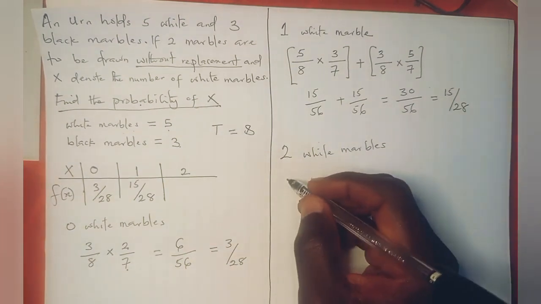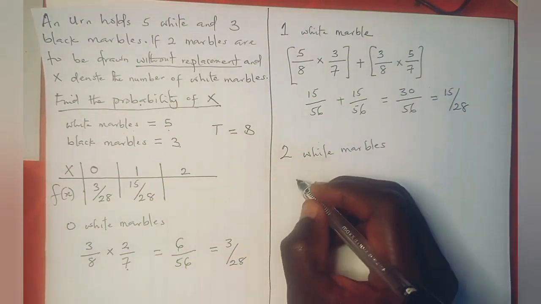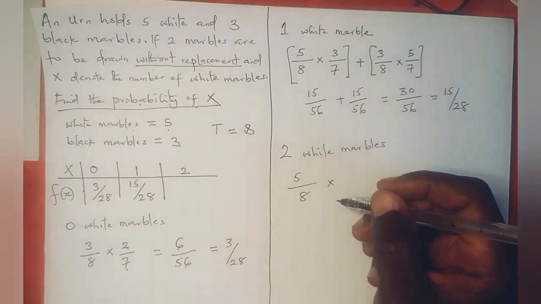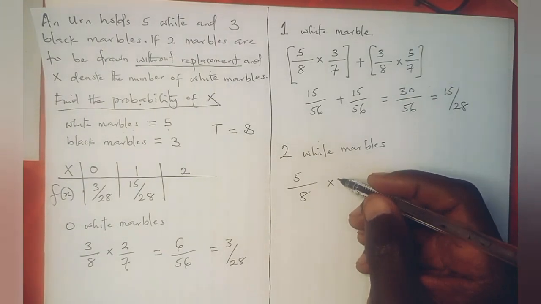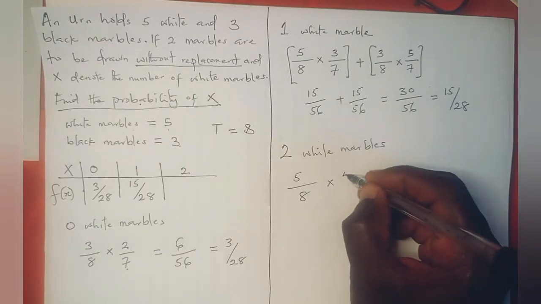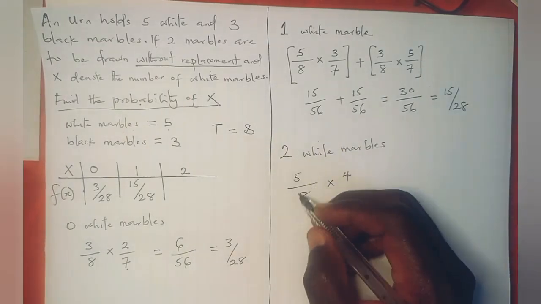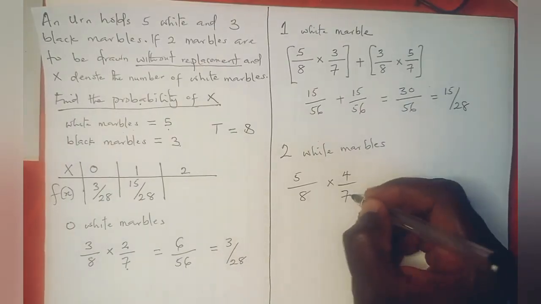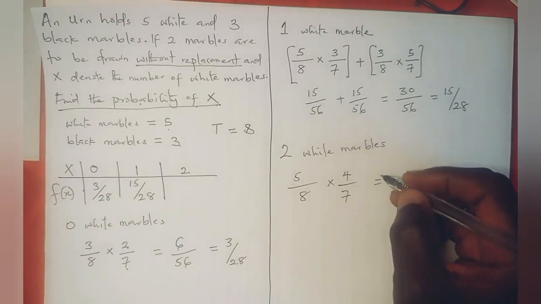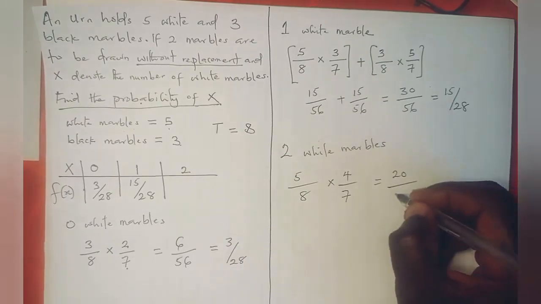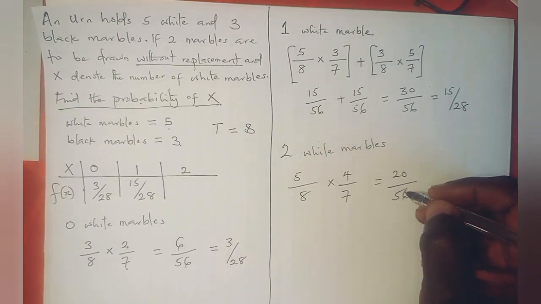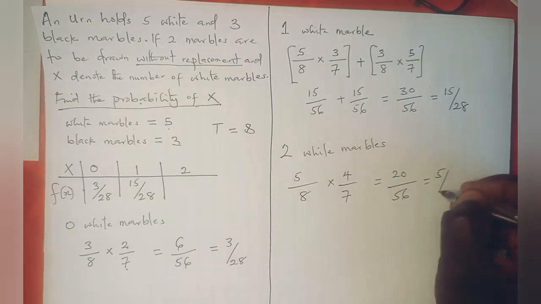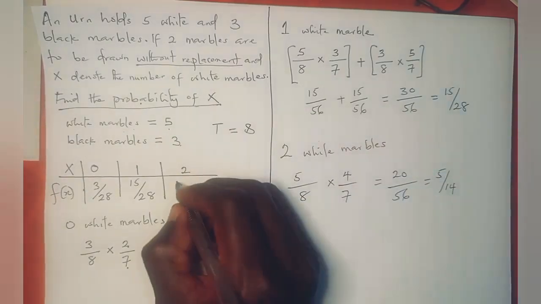So the probability of having the first one white is 5/8 multiplied by the probability of having the second marble also white, which is 4. This is going to reduce because we have already drawn the first one. So we have 4 divided by 7. If we multiply this, we have 20/56. So therefore the probability here is 5/14.